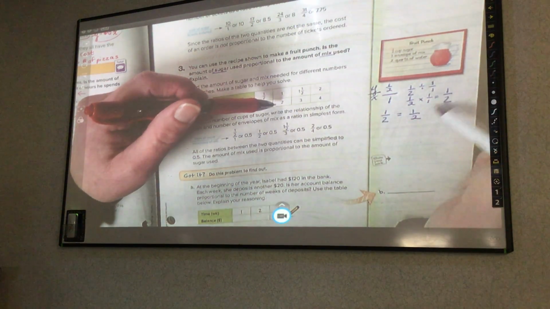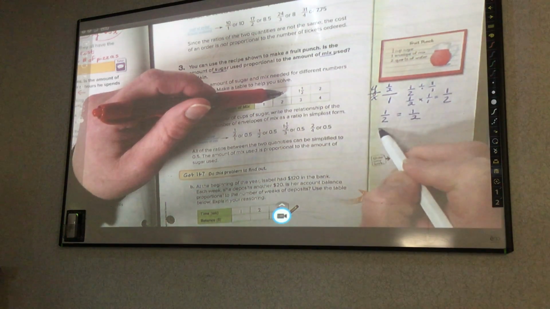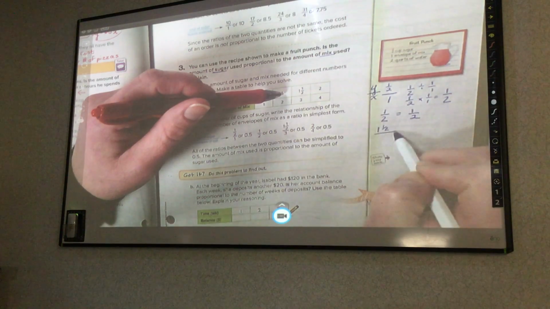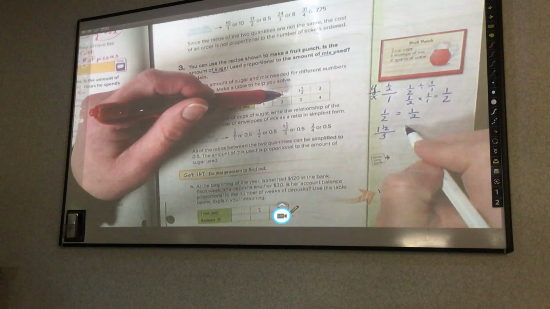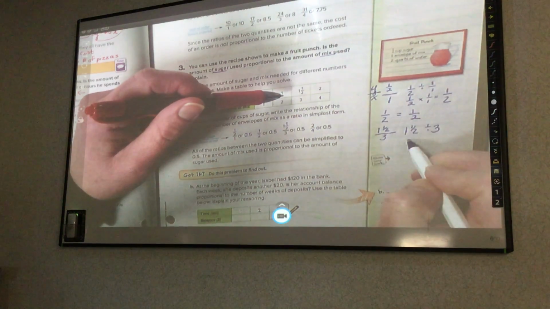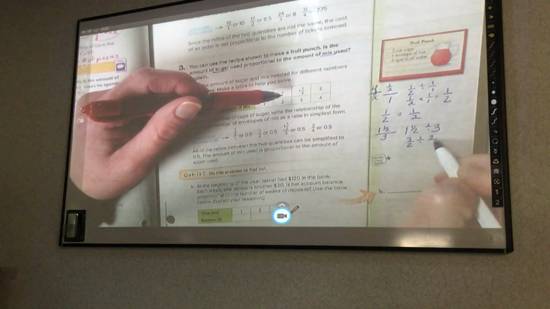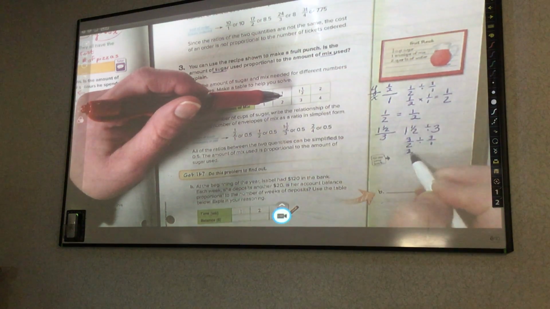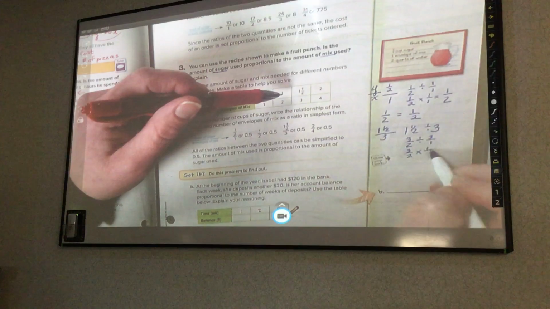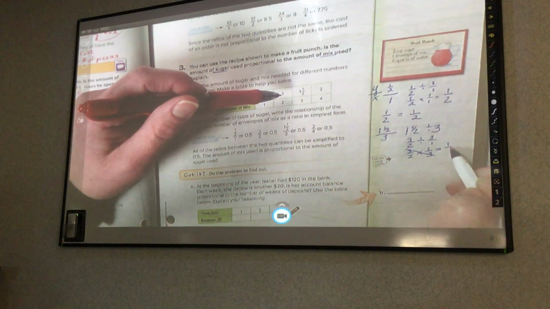So far, do they equal each other? Yes. So then I have 1 and 1/2 divided by 3, which would become 3 over 2 divided by 3 over 1. This is 3 over 2 times 1 over 3, which is 1/2.